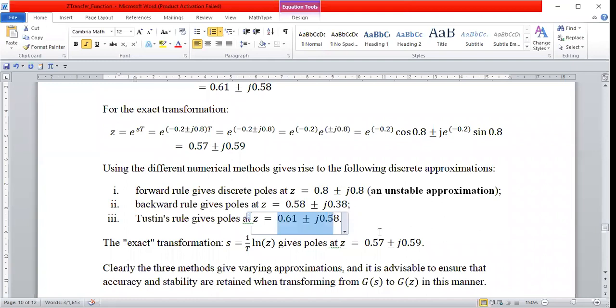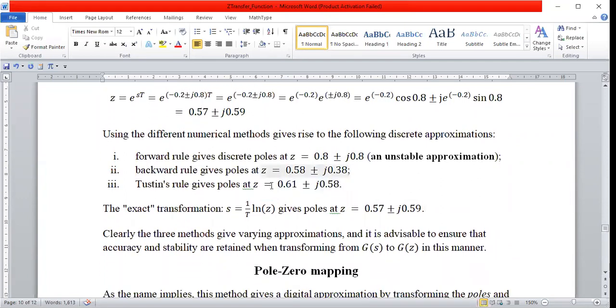This one is stable. This one is stable. But this particular one is unstable. So I will just leave it at that. We'll do stability properly next, two more lectures away. You can see that the three methods gave different approximations.